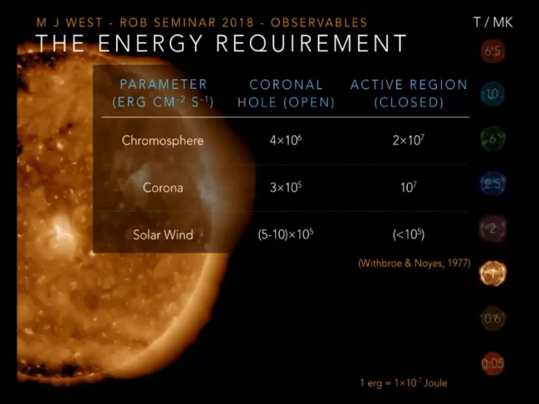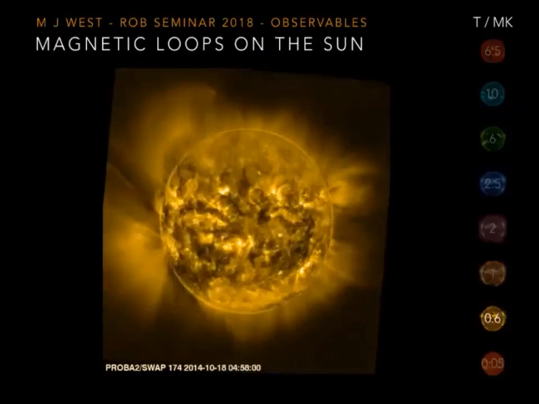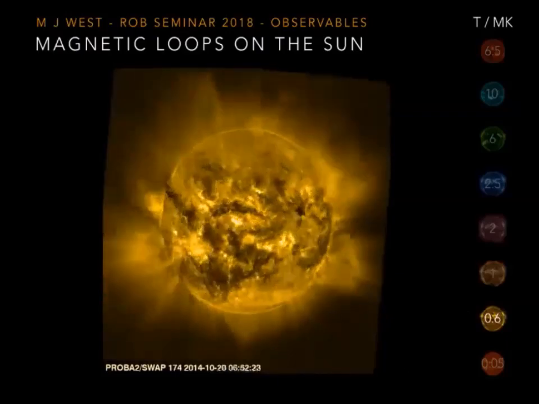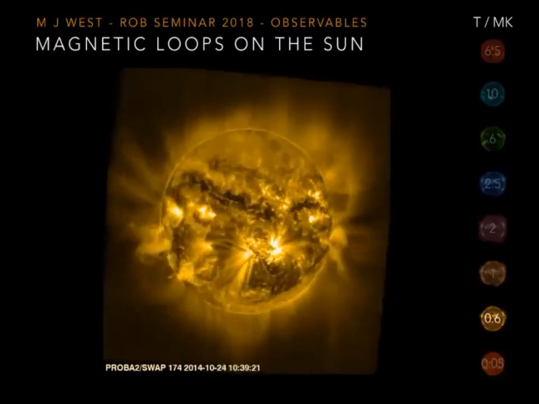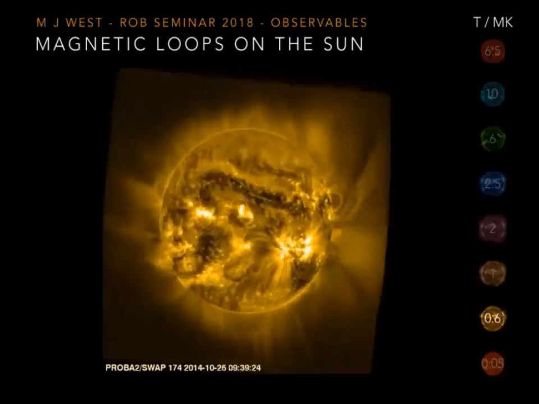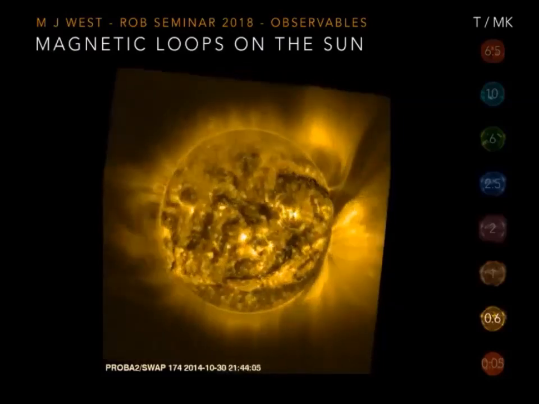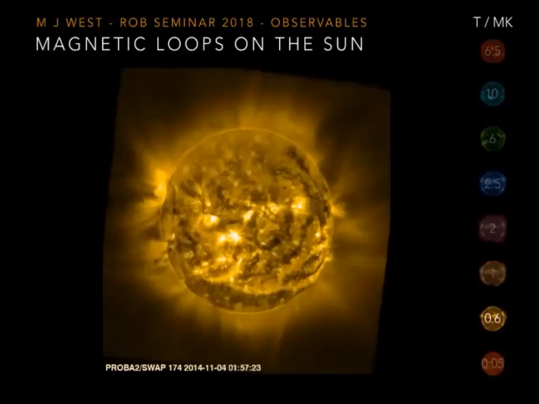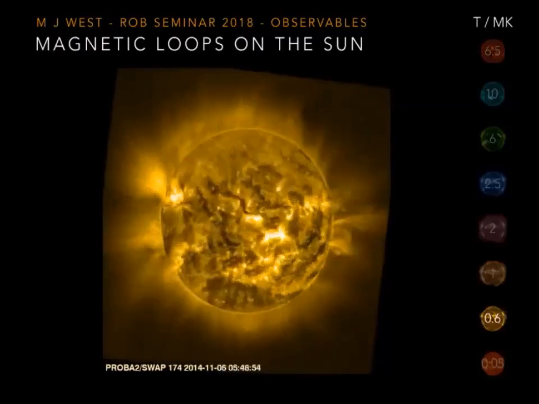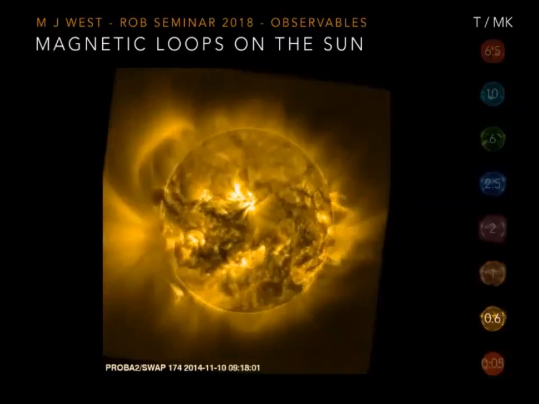I want to take a step back now and just show this video of the sun, partly because I like it, and it's from PROBA2 SWAP. The bit that I like about this is it highlights the magnetic field structures on the sun. And the coronal heating mechanism is going to be linked to the magnetic field structures on the sun, so I'll highlight some of the different length scales and magnetic structures that we can see here.